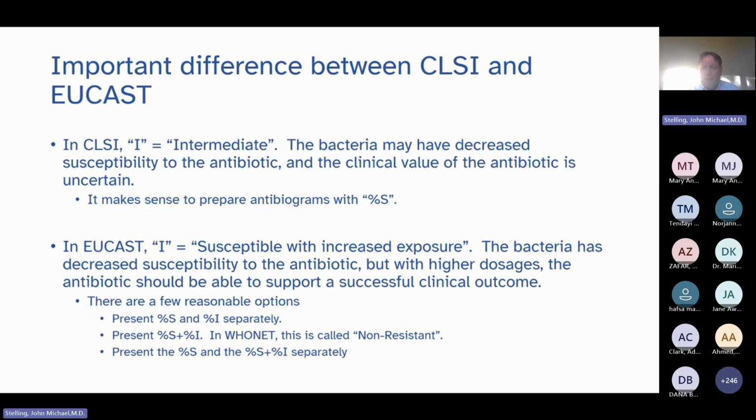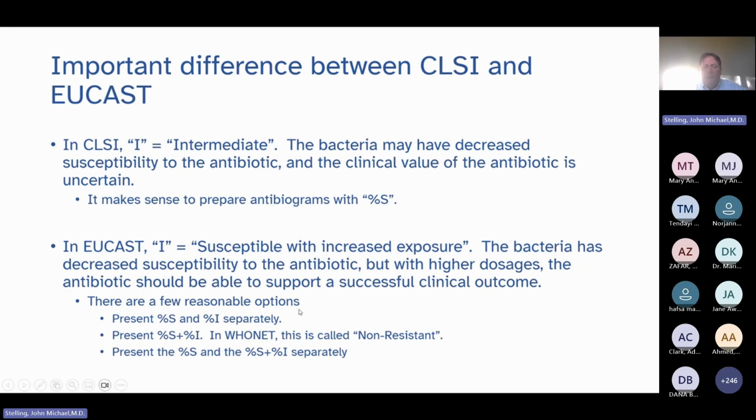CLSI has a similar concept called SDD, and I should put that on the slide. SDD for CLSI means susceptible, dose-dependent. The same thing, it's a little bit resistant, but with higher doses, the patient should respond to therapy. So the CLSI SDD is very similar to the EUCAST I.